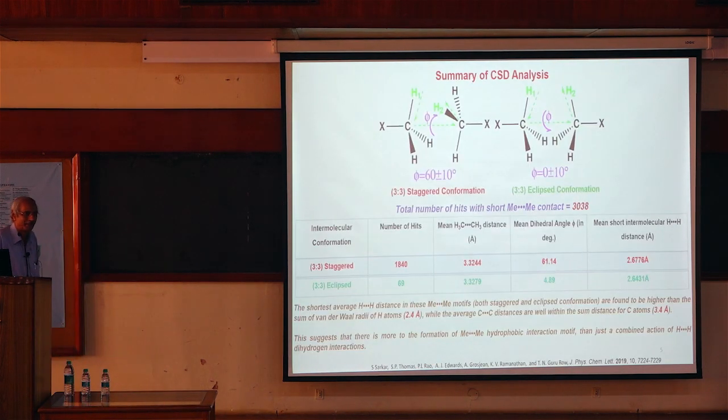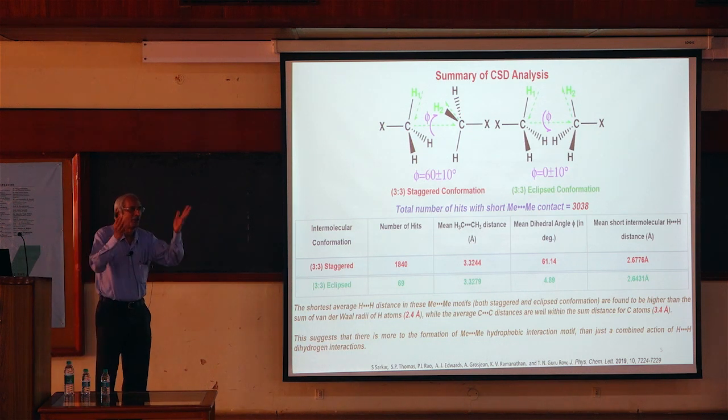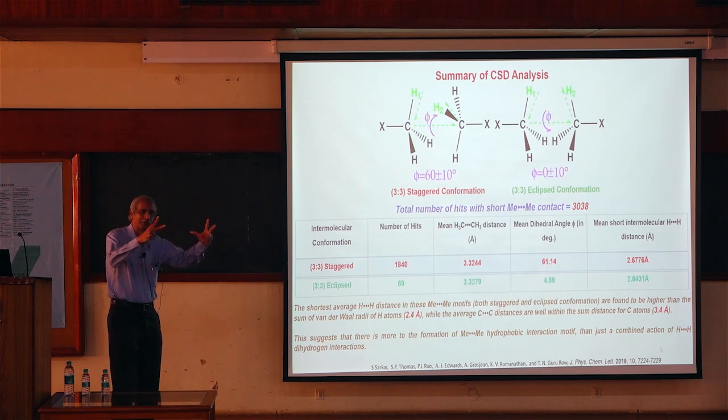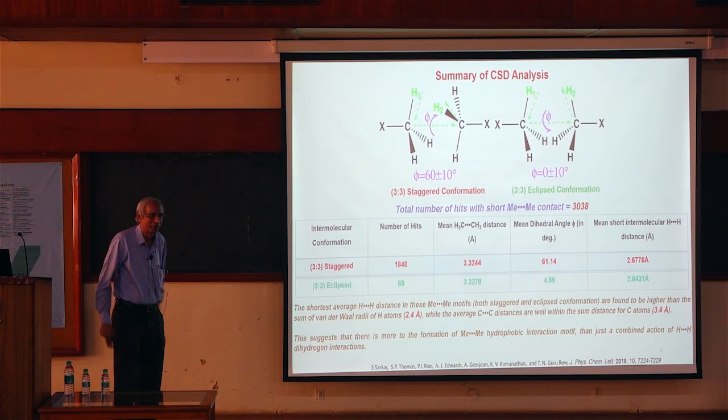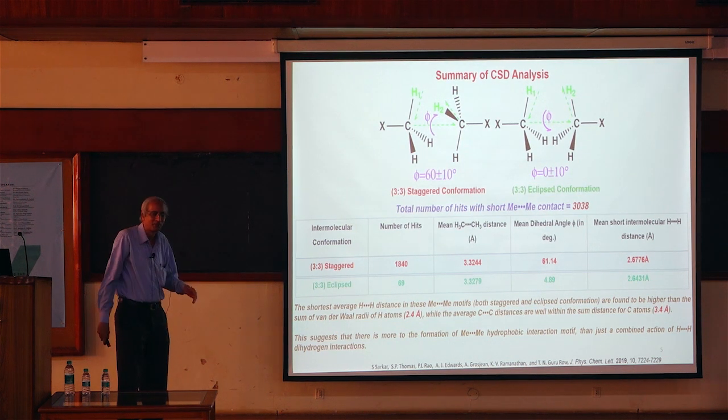We looked into the database. This is the first thing all of us do nowadays. We have the plethora of data which is accumulated by X-ray diffraction. So, we look at the database and see how many interactions are possible between the two methyl groups when they approach each other. We found that if you have a staggered conformation, that means this torsion angle is 60 degrees, plus or minus 10.